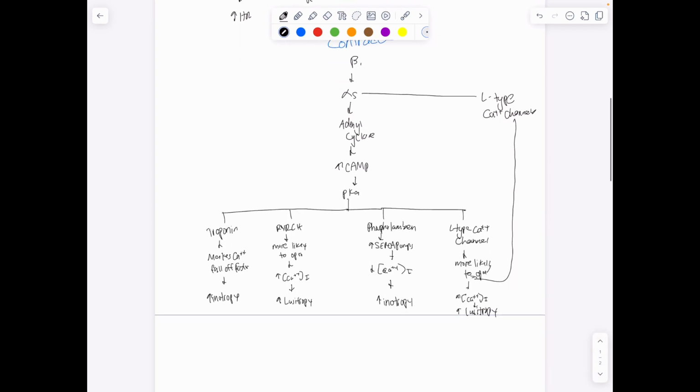And then down here, I got these mixed up. So this is going to be an increase in our lusotropy. And this is going to be an increase in our inotropy. This is going to be an increase in lusotropy.